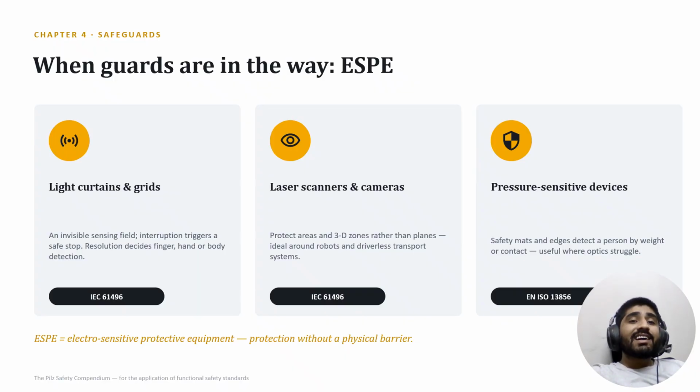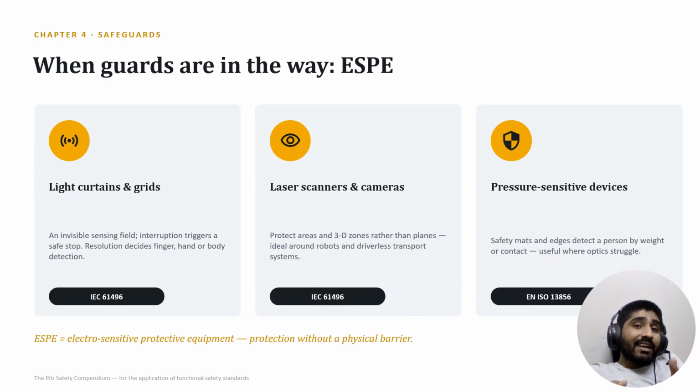When physical guards obstruct the process, think of loading a press, we use electro-sensitive protective equipment, or ESPE, governed by IEC 61496. Light curtains and light grids create an invisible sensing field.